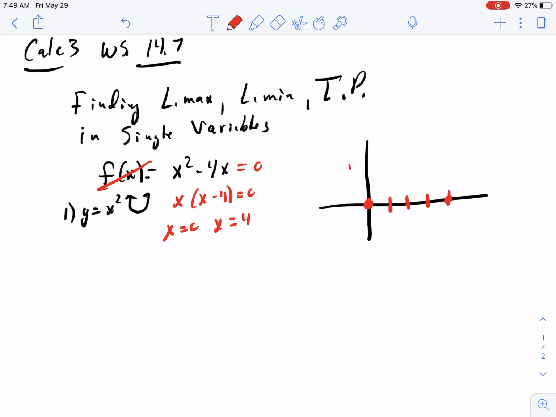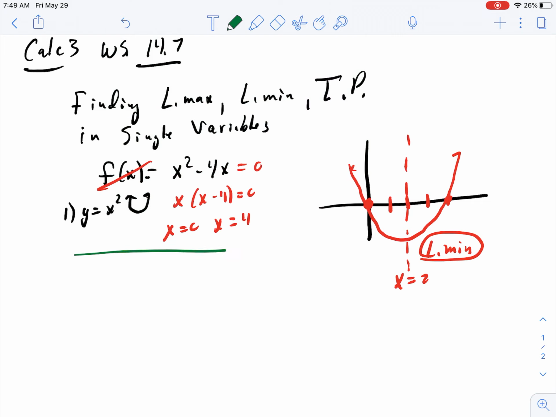You get x equals 0 and x equals 4, and therefore a parabola would look something like this. And due to symmetry, our local min would happen at x equals 2.